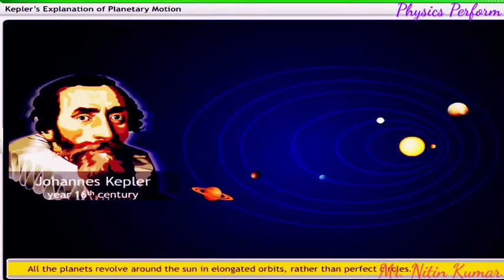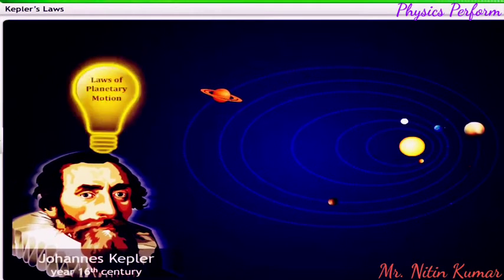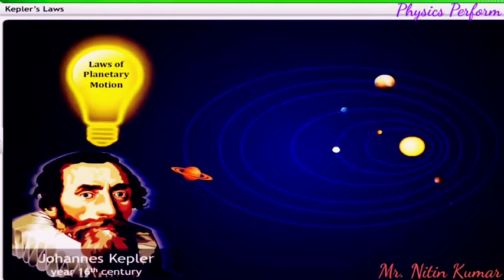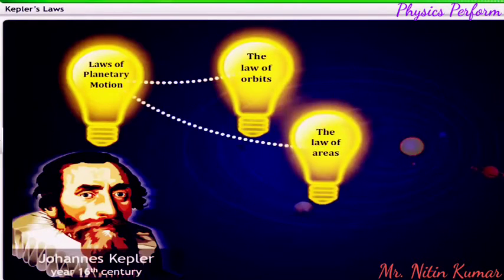Based on his observations, Kepler propounded 3 laws of planetary motion, known as Kepler's laws. Kepler's 3 laws of planetary motion are the law of orbits, the law of areas, and the law of periods.